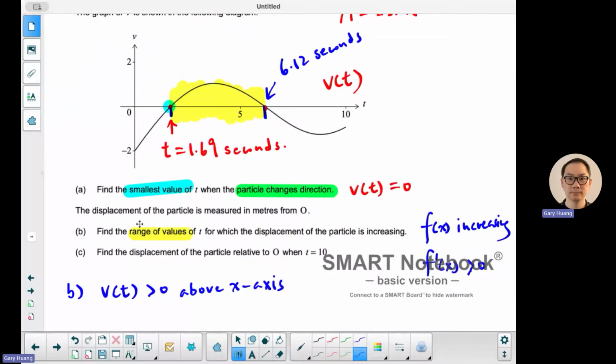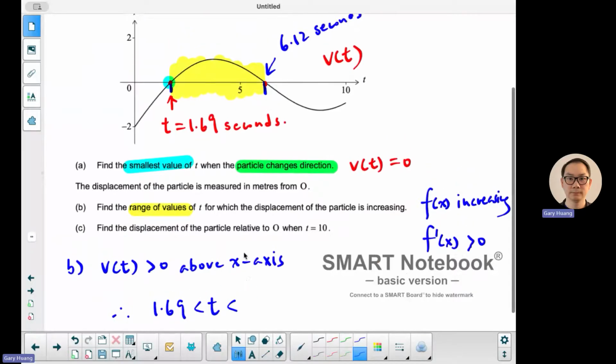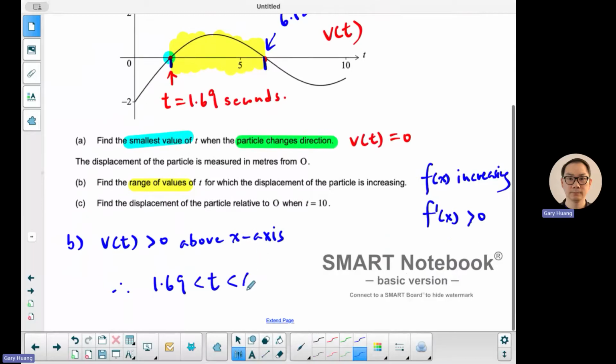So for part B, I want in between those two. So it's going to be 1.69 less than t less than 6.12. During or between 1.69 seconds and 6.12 seconds, the particle displacement is increasing.